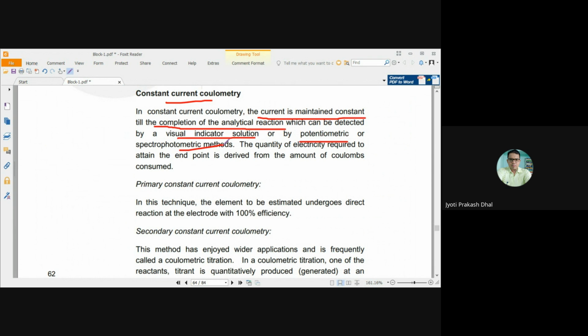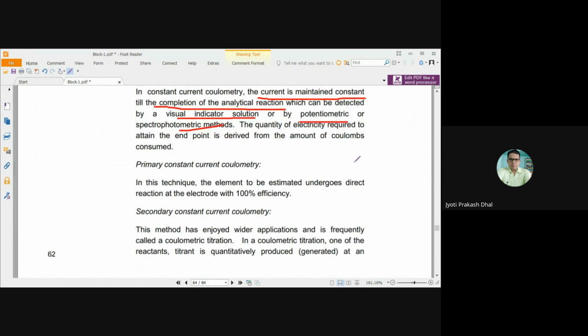That means here the current will be maintained constant throughout the cell till completion of the analytical reaction, and the completion of the analytical reaction can be detected by using any indicator or by potentiometric or spectroscopic methods.